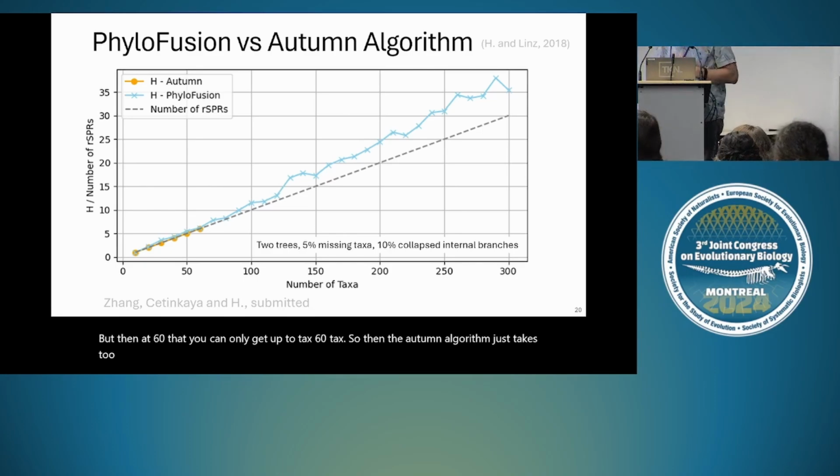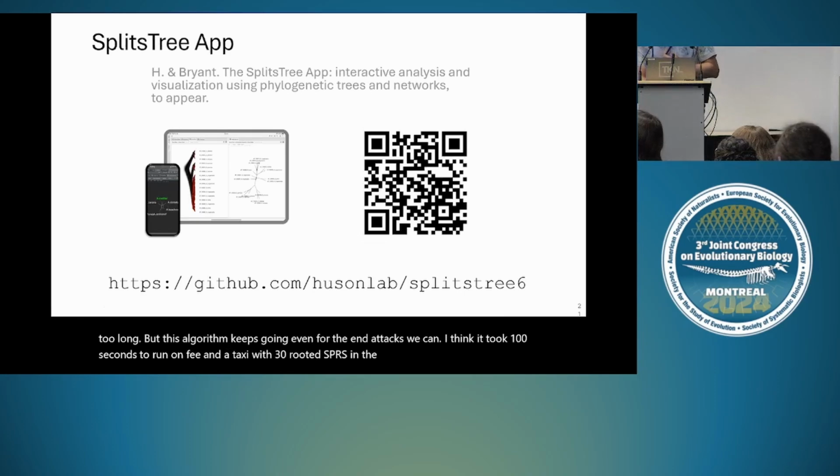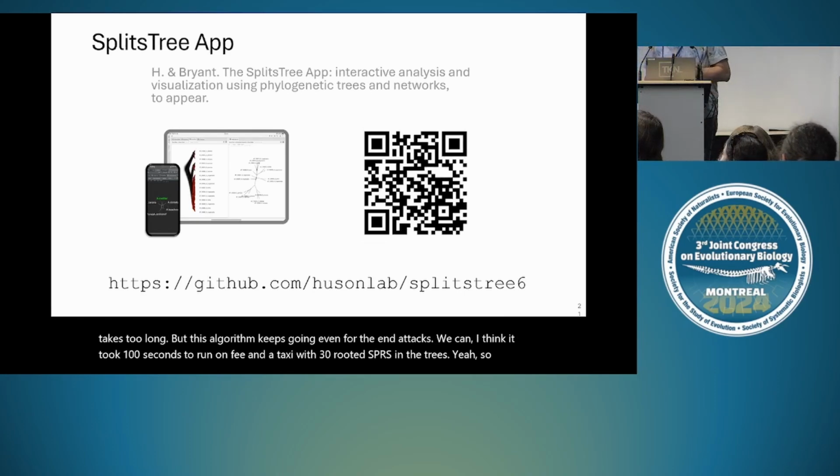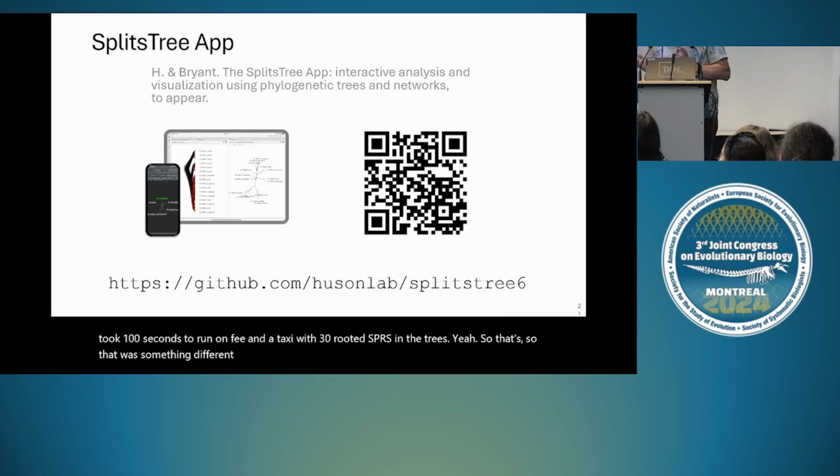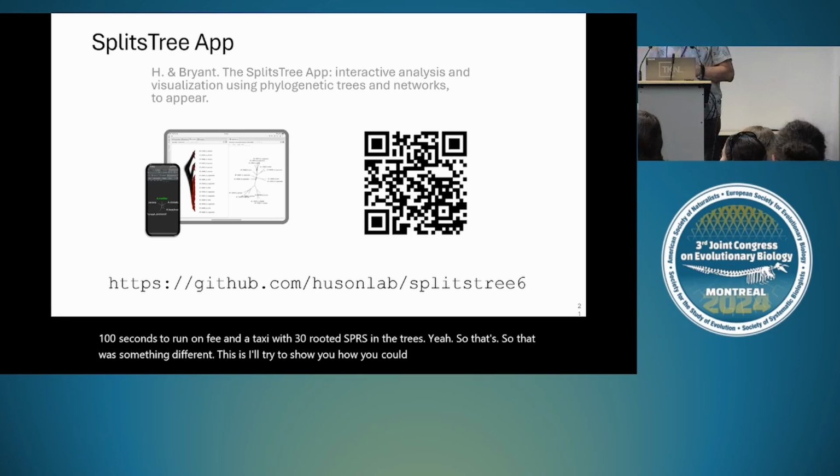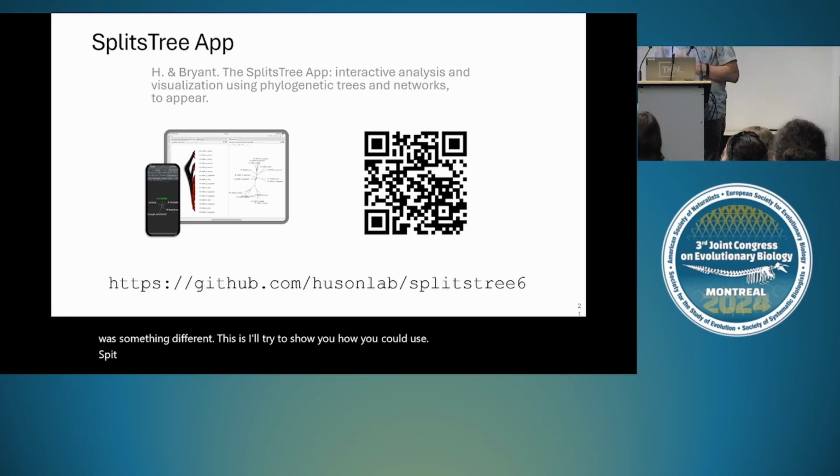But this algorithm keeps going. Even for 300 taxa, I think it took 100 seconds to run, with 30 rooted SPRs in the trees. I'll try to show you how you could use SplitsTree rather than going through all the features.